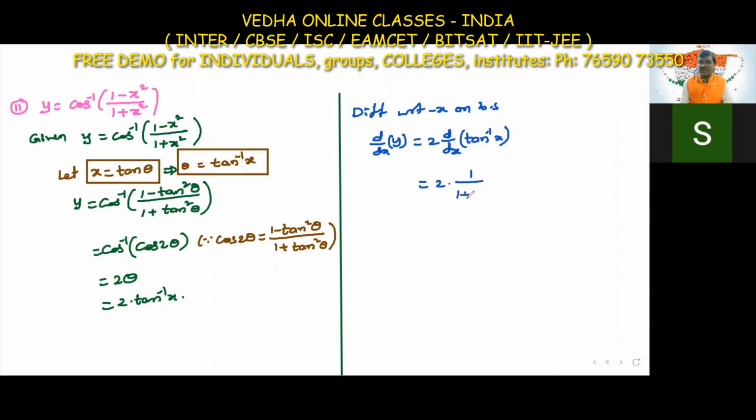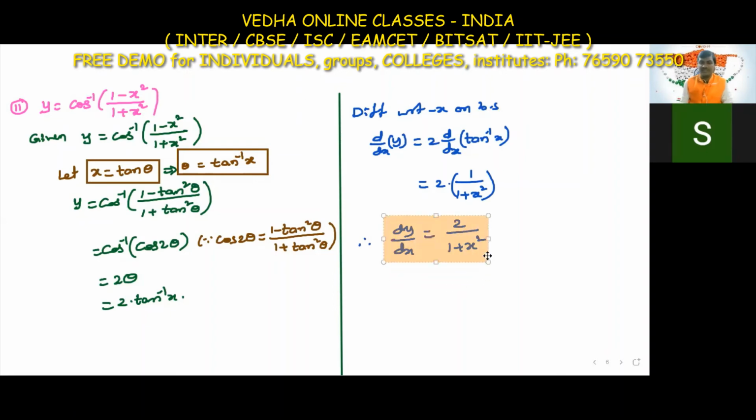Again the same formula we just discussed: d by dx of tan inverse x is 1 by 1 plus x square. So 2 into 1 by 1 plus x square means 2 by 1 plus x square. This is the required dy by dx value.